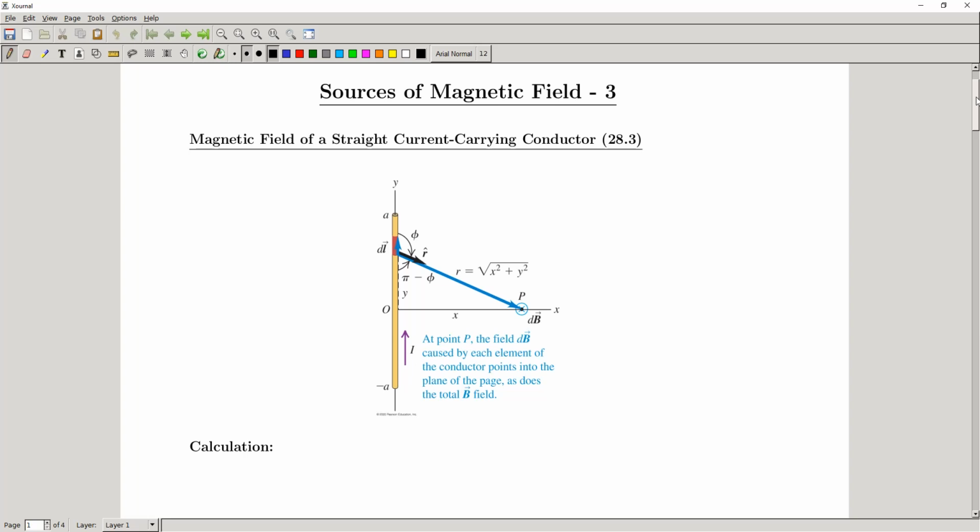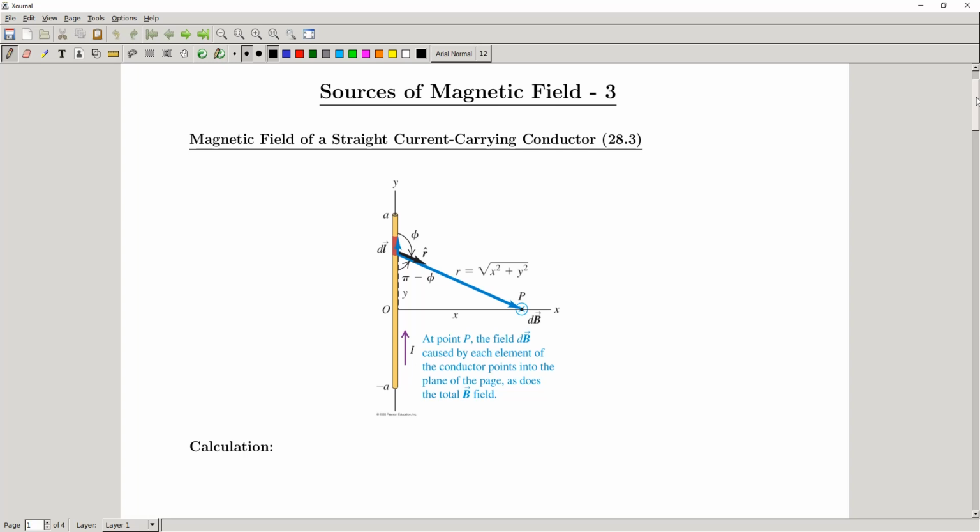And so this calculation is going to go very similarly to the way that we did our electric field calculations back in chapters 21 and a little bit of 22, when we were looking at the electric field outside of a wire or outside of different things, right? So here we're going to do a similar thing. We're going to have an integral that we want to do, and we can kind of get started.